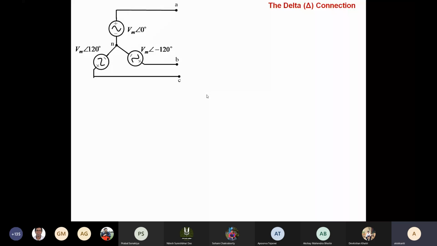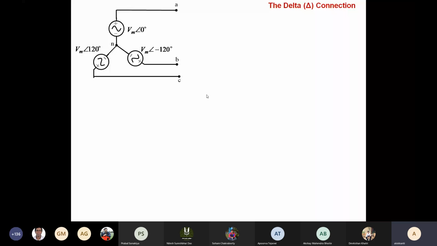This is basically the generator, a 3-phase generator, where the 3 phases are given, and obviously it is ABC. By the angle you can see that the phase A voltage is along the reference, then the phase B voltage is minus 120 degrees lagging, and the phase C voltage is at plus 120 degrees, that means minus 240 degrees lagging.